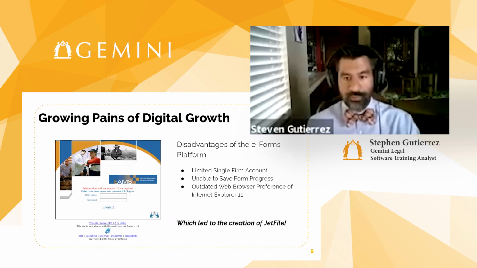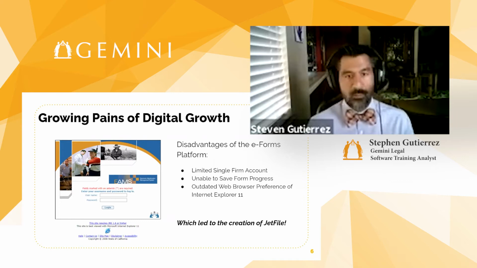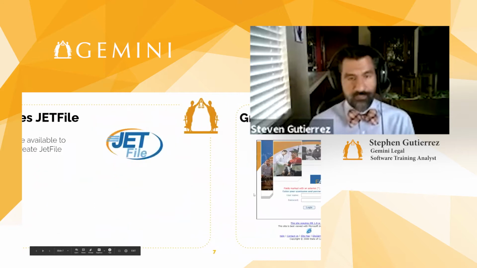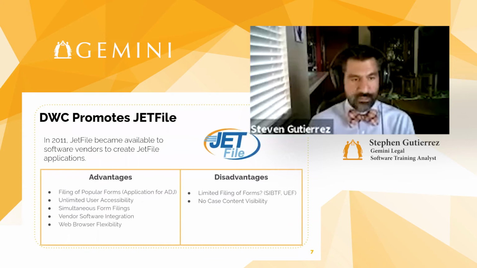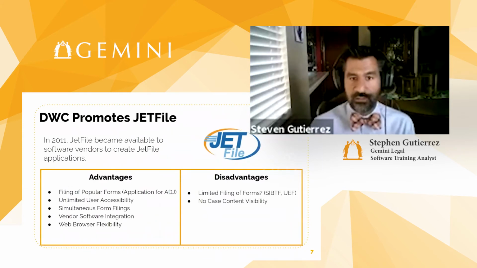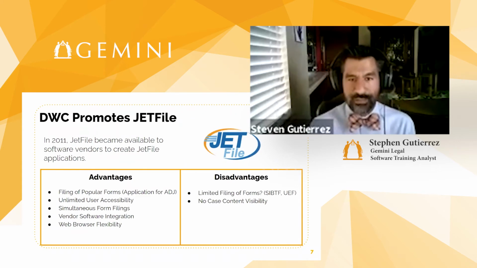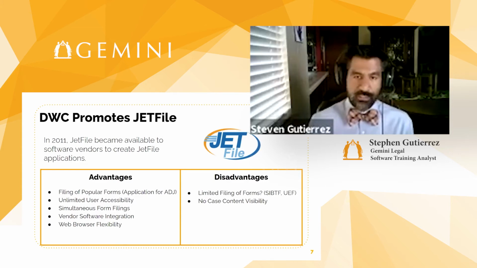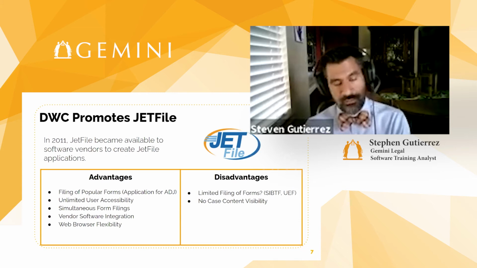So with these disadvantages, these limitations, you're going to see the creation of the Jetfile. In 2011, Jetfile became available to software vendors to create Jetfile-based applications. What exactly does that mean? Well, Jetfile is a product that allows for the submission of forms directly into eForms.